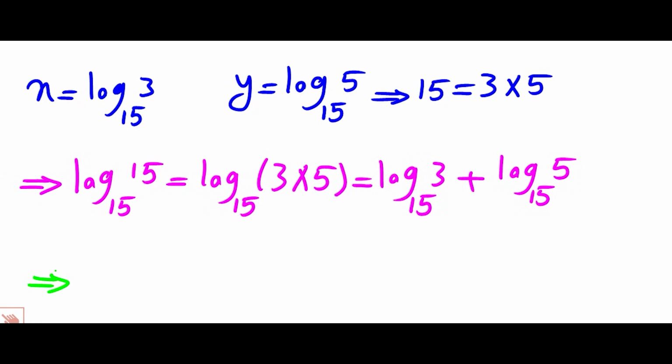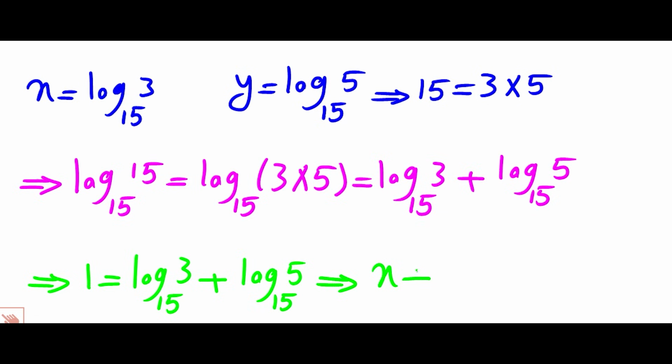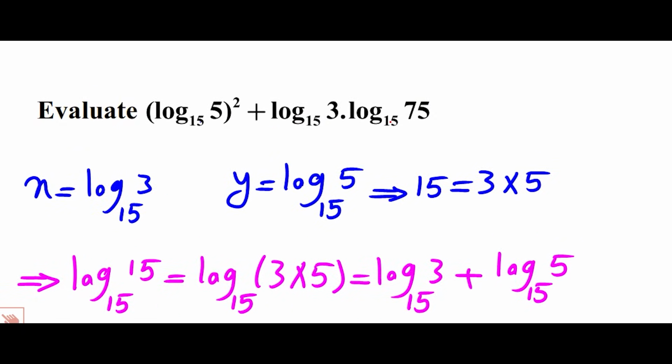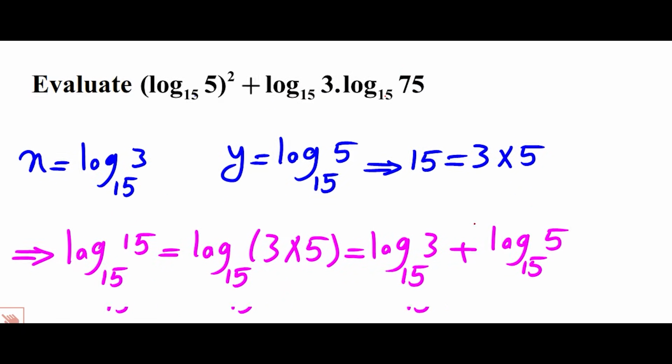So log base 15 of 15, which is 1, equals log base 15 of 3 plus log base 15 of 5. And as you know, x equals log base 15 of 3 and y equals log base 15 of 5. So x plus y equals 1. Right? Now simplify log base 15 of 75.